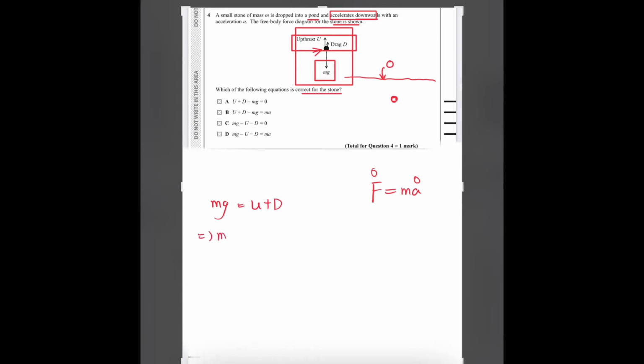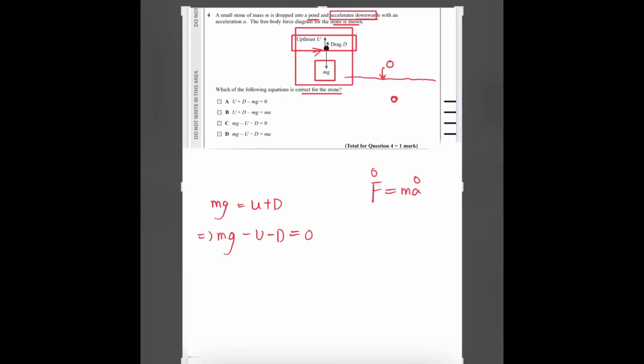So mg minus upthrust minus drag would equal 0. The acceleration would be 0 and there would be constant speed, so no resultant force.